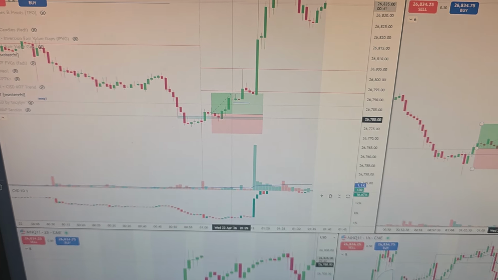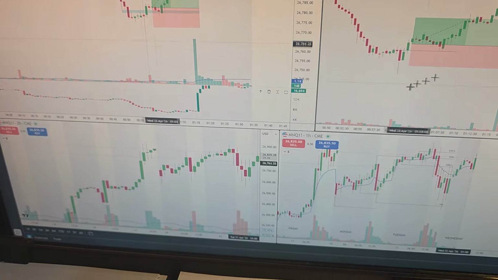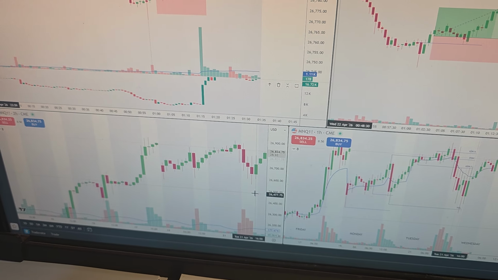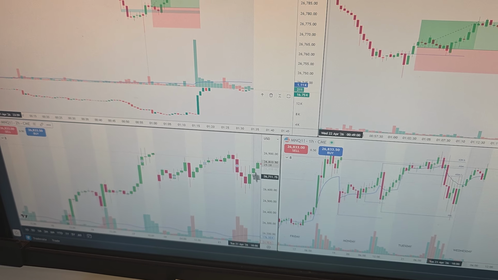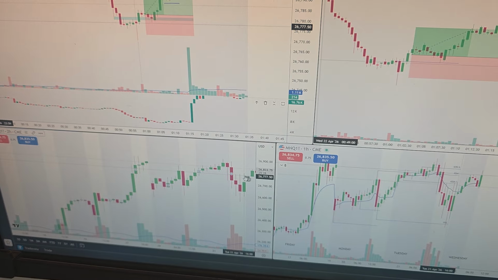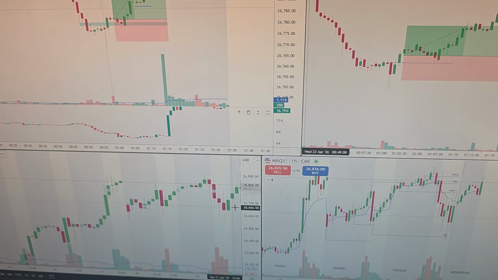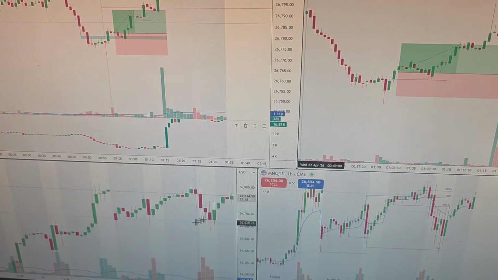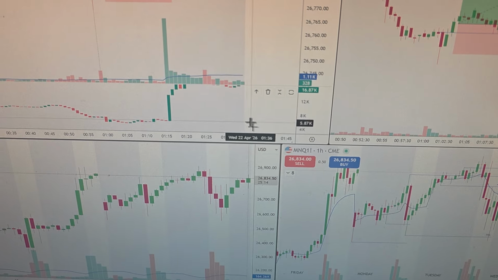Pretty cool. And what was cool was that I had just come in and I just saw the 2 hour looking like this at the time, with the Chad, with the Virgin Wick right there, and then the retracement, which is this one right here.